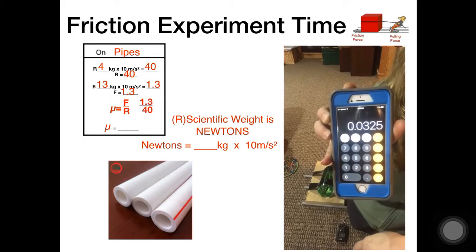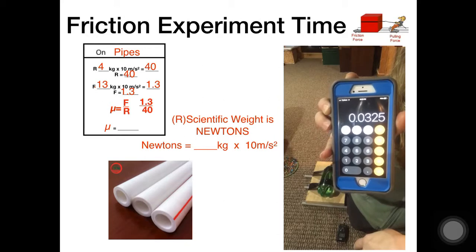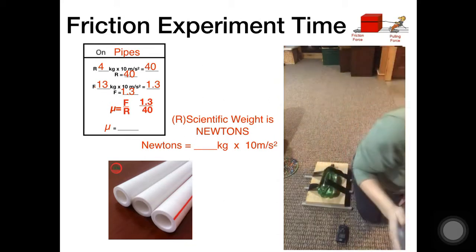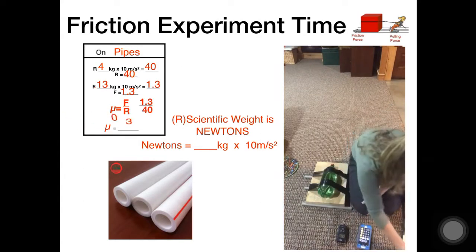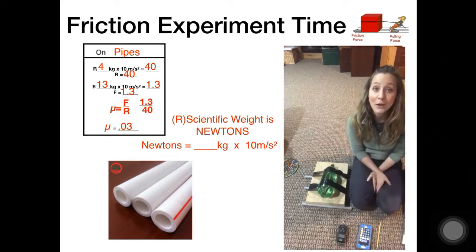Okay, so our coefficient of friction, our mu, on the pipes is 0.03. That is a much smaller number than 0.3. So make sure you fill in your mu for the pipes of 0.03.